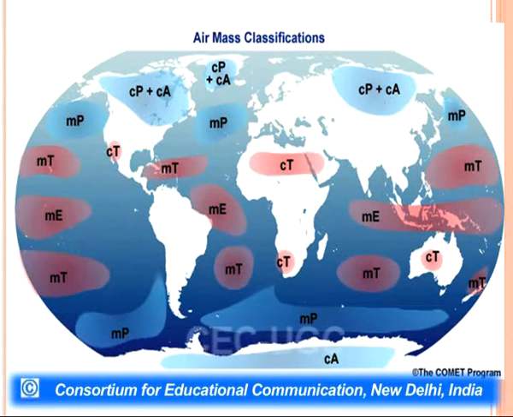In Asia, there are largely 3 major air masses which affect the continent. Though Asia is the largest continent in the world, it has mainly 3 major air masses.